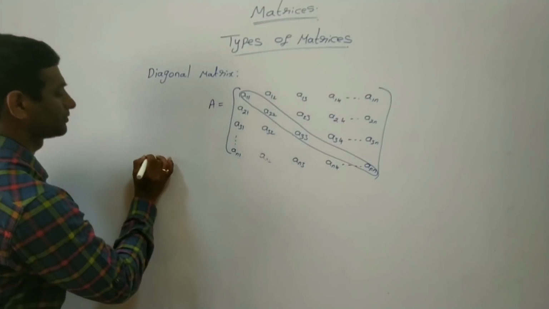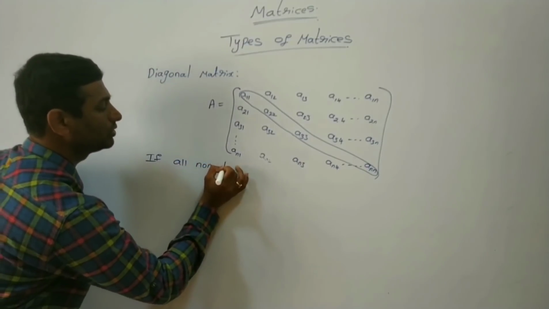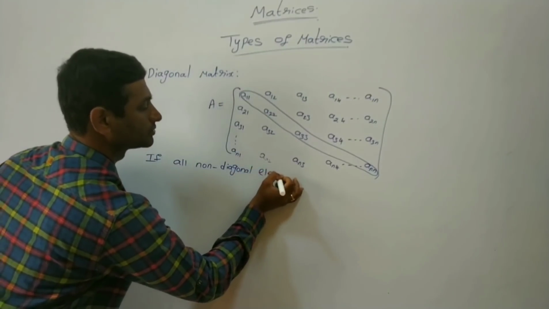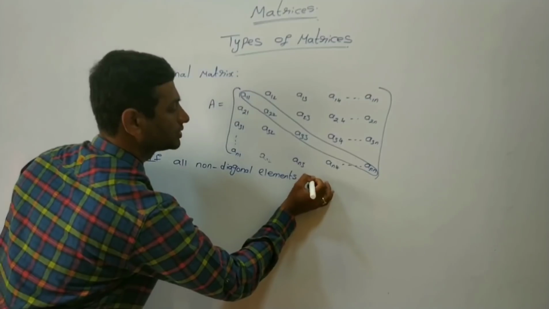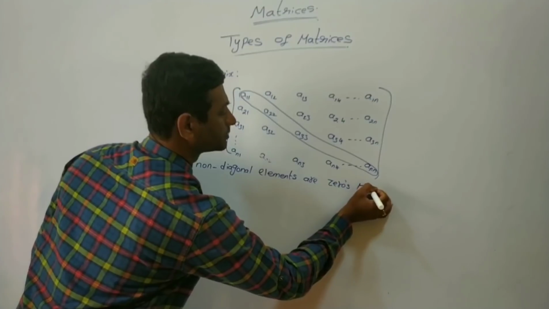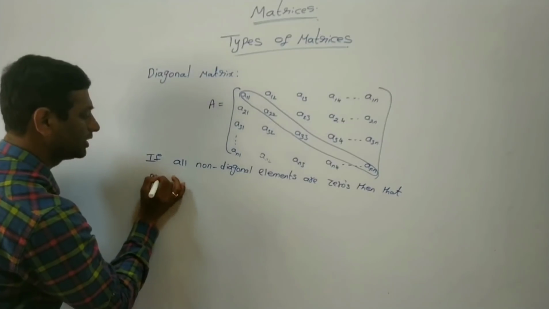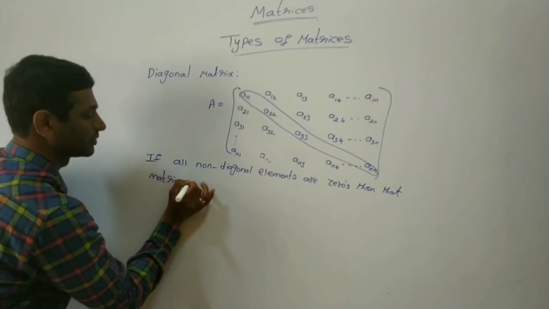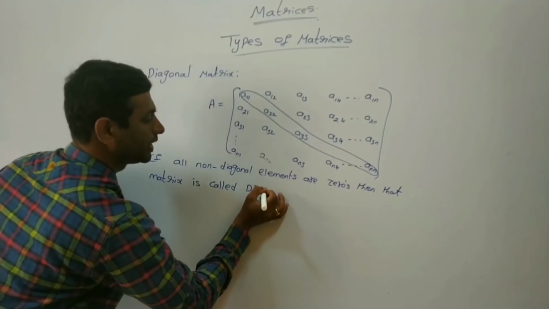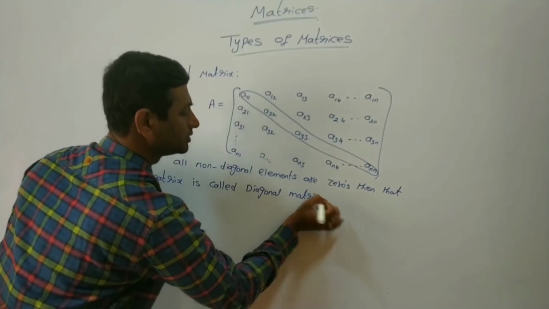That is, if all non-diagonal elements are zeros, then that matrix is called a diagonal matrix.